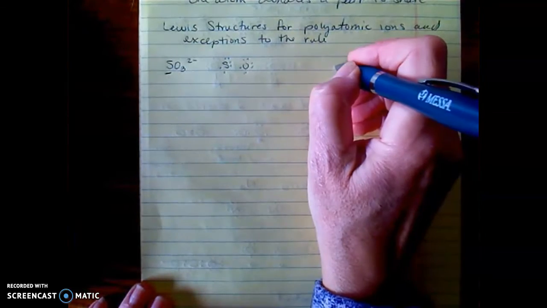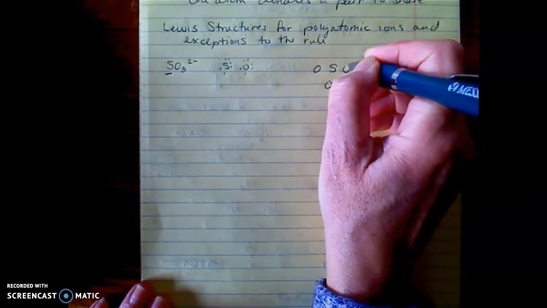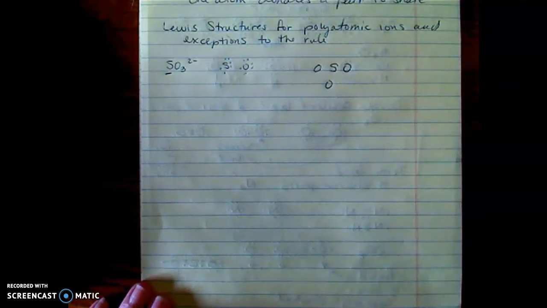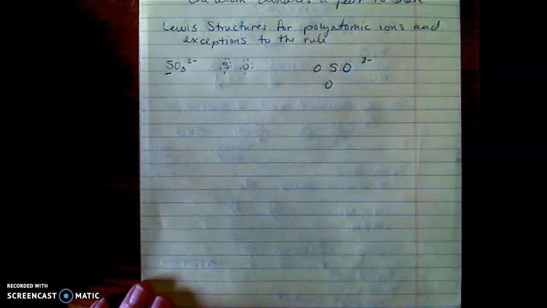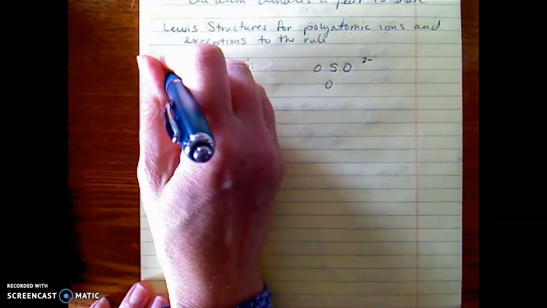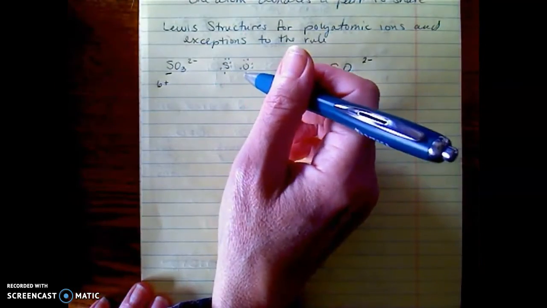So I know my structure should look something like an S with 3 oxygens bonded around it. I also know that when it's all said and done, it should have a -2 charge, so I'm going to put my -2 charge on there right now so that I don't forget. From here, I like to do a count. Sulfur has 6 valence electrons, the 6 dots.